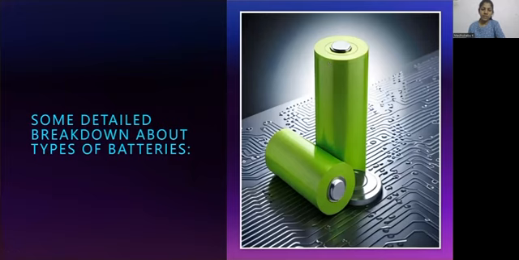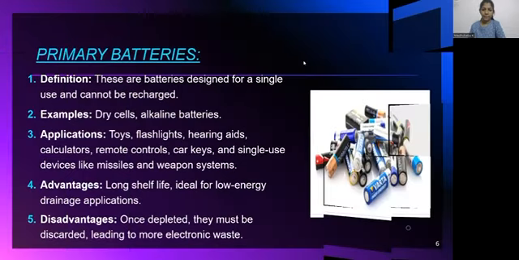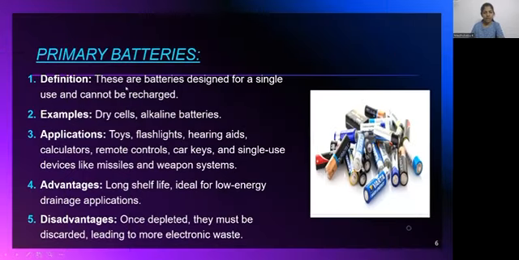Some more detailed information about the two types of batteries. As we have discussed, primary batteries are designed for a single use and cannot be recharged. Examples are dry cells, zinc carbon cells also known as Leclanche cells, alkaline cells, zinc chloride cells, mercury cells, and lithium cells.